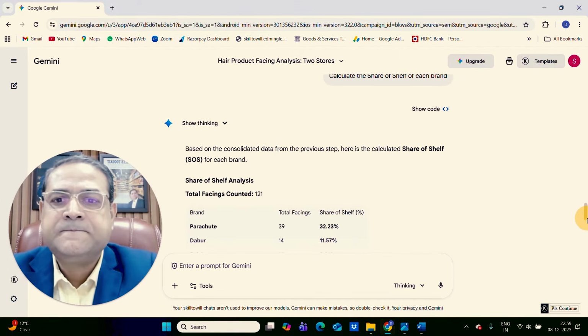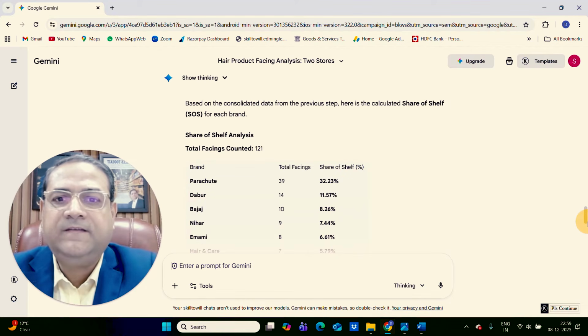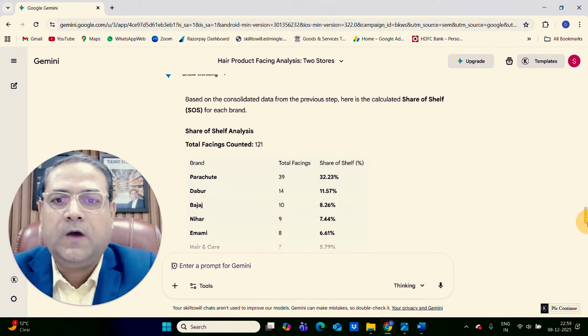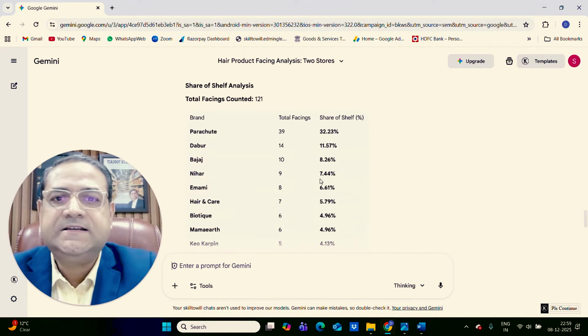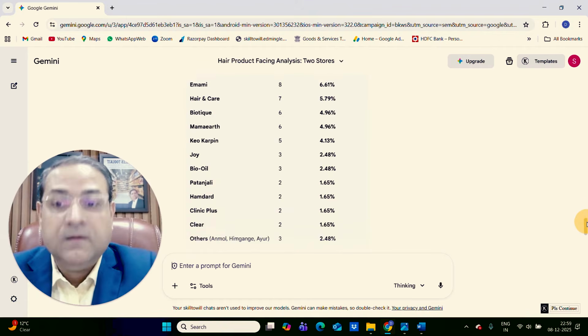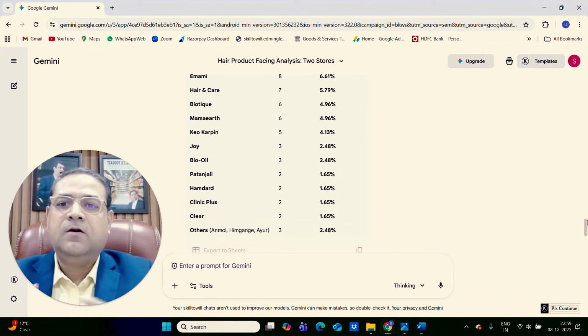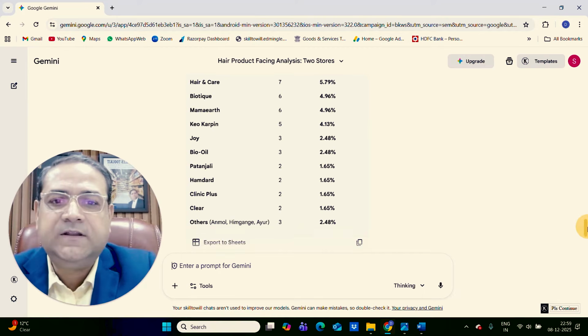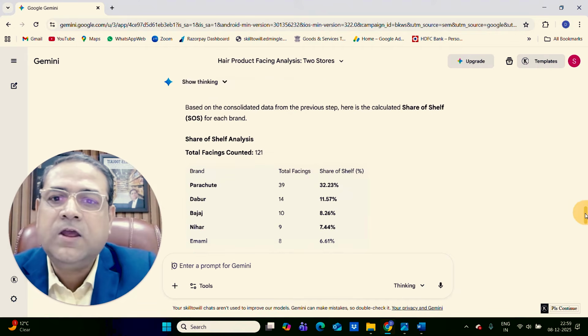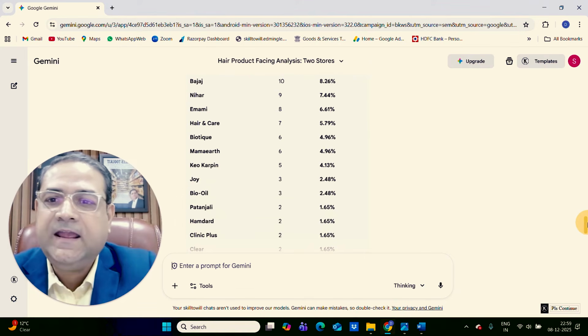Yes, total facings counted 121, share of shelf analysis. So this is the percentage out of 121, 39, and like that it will give a share of shelf, which is a combined number for the entire market, or the number of stores that you have visited. Like this, you will get the share of shelf for each and every brand in your market.